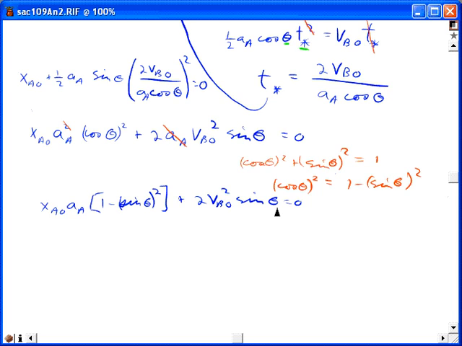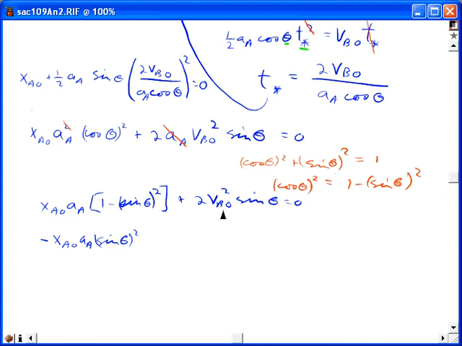Alright, I've got what looks like a quadratic equation in the sine of theta. Let's get it into the form of the quadratic equation. I'll multiply this stuff through. I'm going to write down this first term, the part multiplying the sine of theta squared: minus x A0, a sub A, sine of theta squared. And then I'll copy down this term.